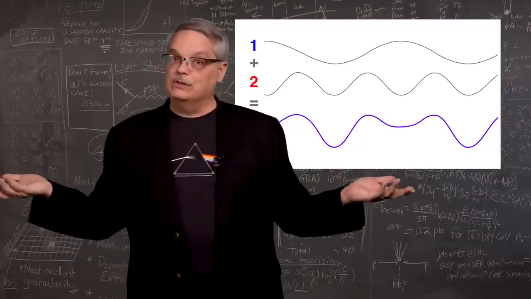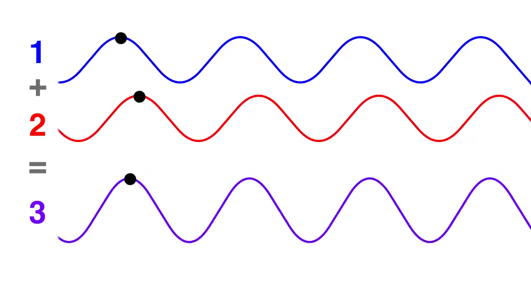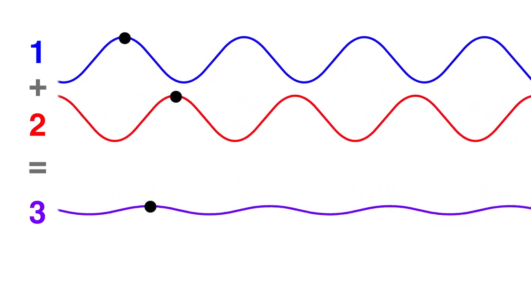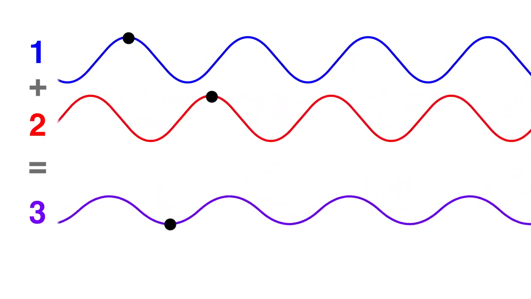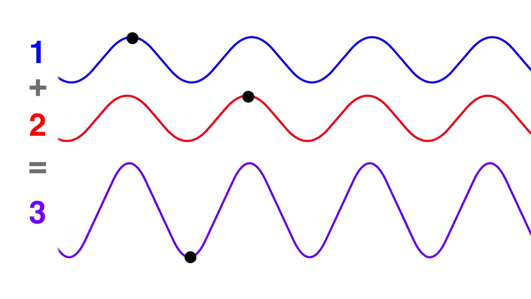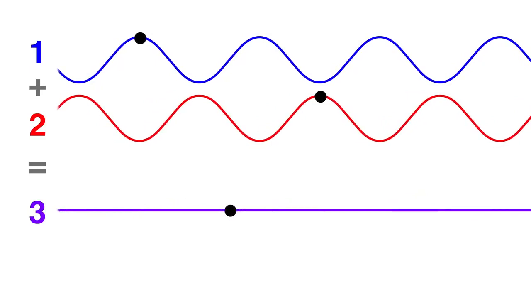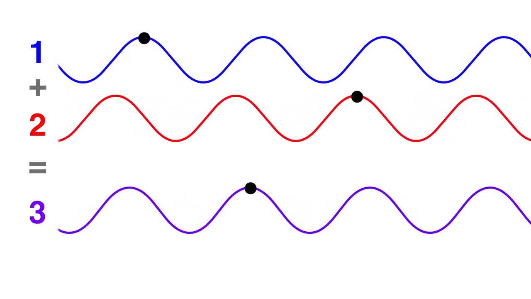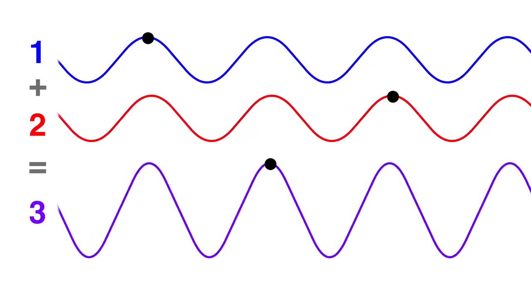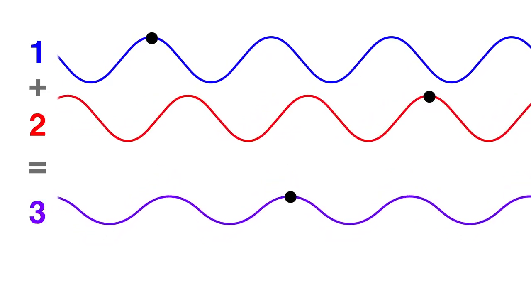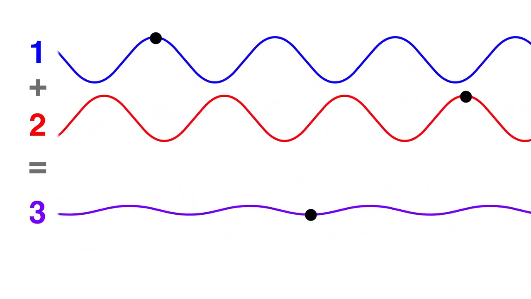That's just how it works. It gets more interesting when one wave is moving at a different speed than the other one. The result is a different wave, but one that has a different speed than either of the two. That's super important, so let's just take a careful look at it. If we add the two top waves, which have different speeds, the bottom wave also moves, but slower.